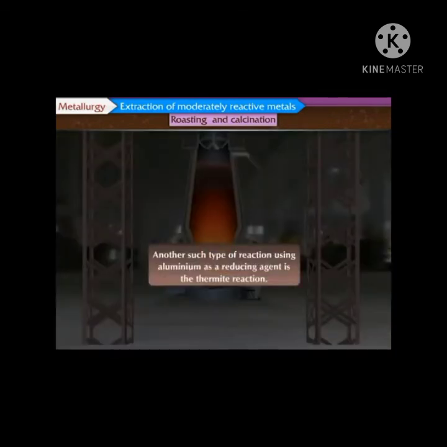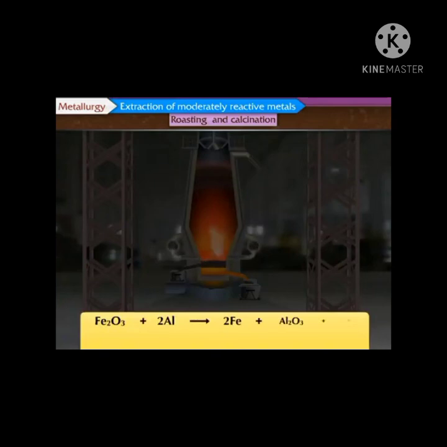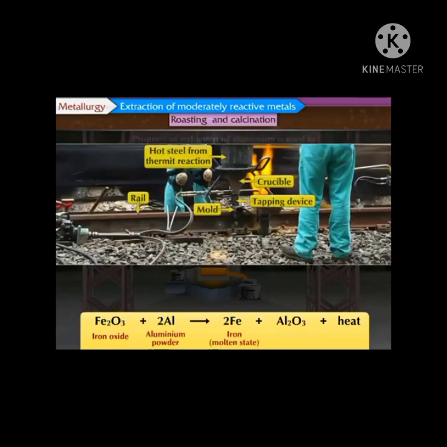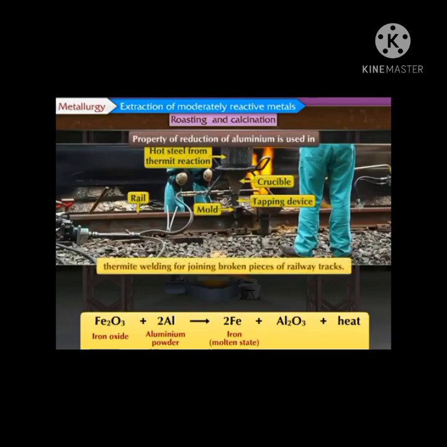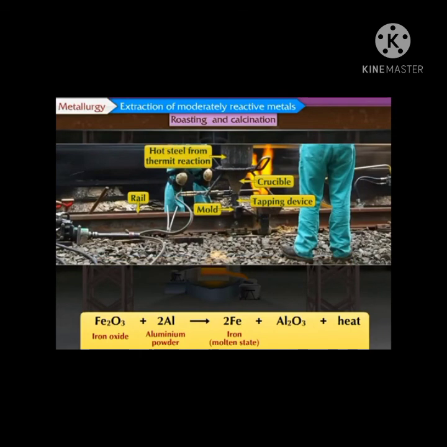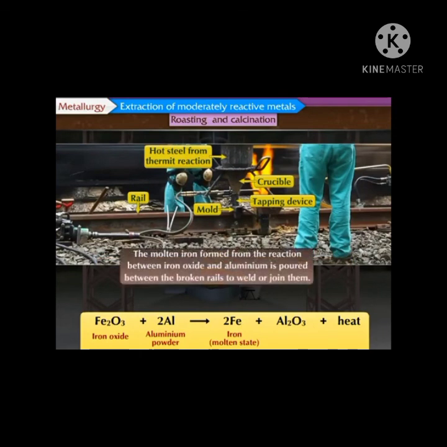Another such reaction using aluminium as a reducing agent is the thermite reaction. Here iron oxide is reduced by aluminium powder to produce the metal iron in the molten state. This reducing property of aluminium is used in thermite welding for joining broken pieces of railway tracks.